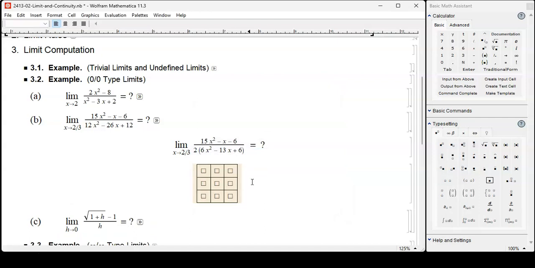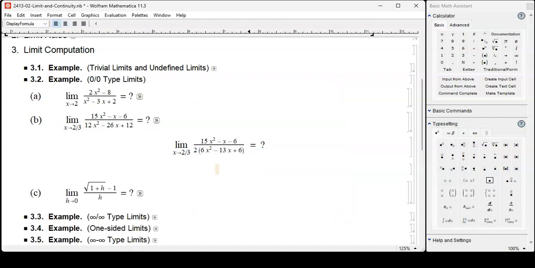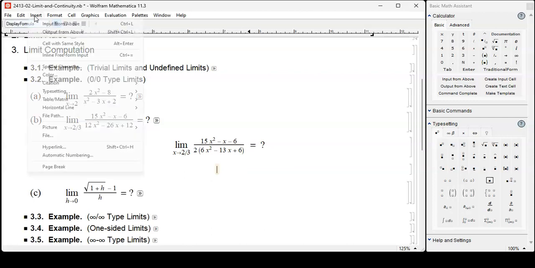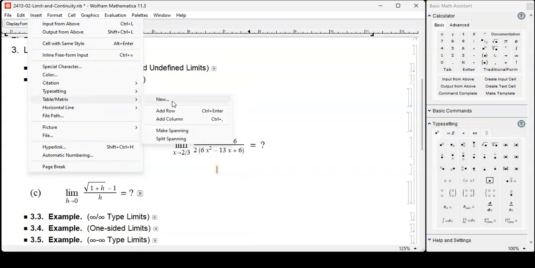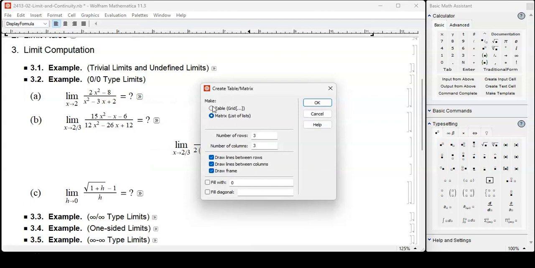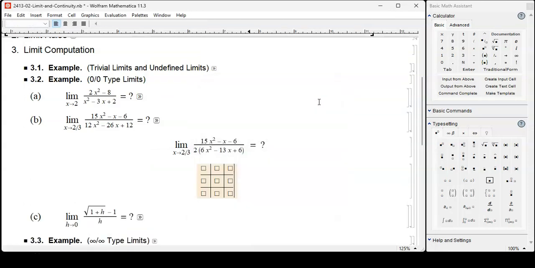This doesn't really look like tic-tac-toe board. Let's see. Let's redo that. Okay, that looks better. Okay, from here, let's factor the numerator.